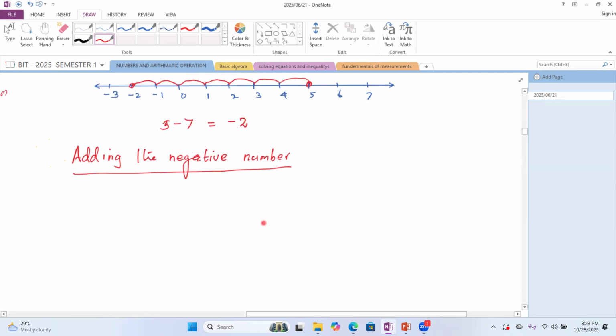For example, adding negative numbers is equivalent to subtracting positive numbers. Adding a negative number is equivalent to subtracting a positive number.